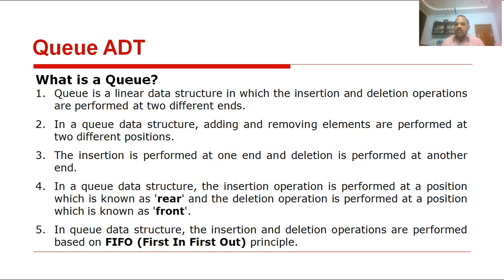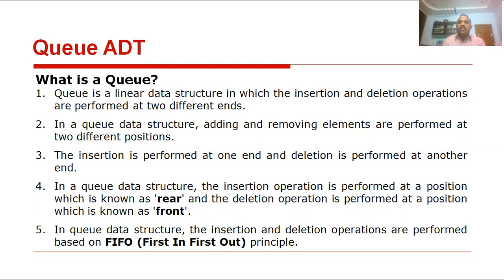He is the first person to buy a ticket and enter the theater. Second person, second. Third person, third. Fourth person, fourth. Until n minus 1. So insert and delete operations are performed based on the FIFO principle. What is FIFO? First in, first out.